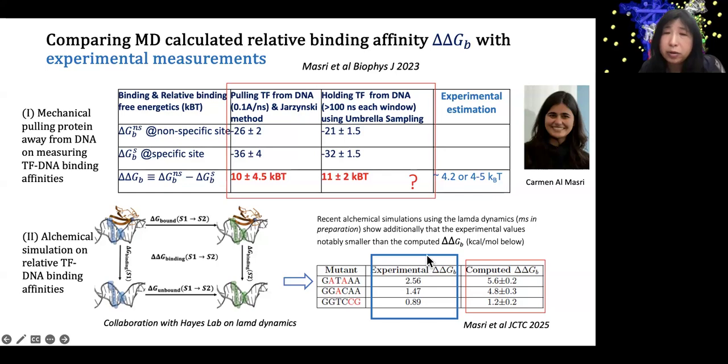than the experimental value. So indeed, if we inspect the experimental measurement in more detail, we see that 15 base pair DNA segments were all used, while this protein only has a 6 base pair core binding site, and the extra sequences are flanking, so they impact the measurement.